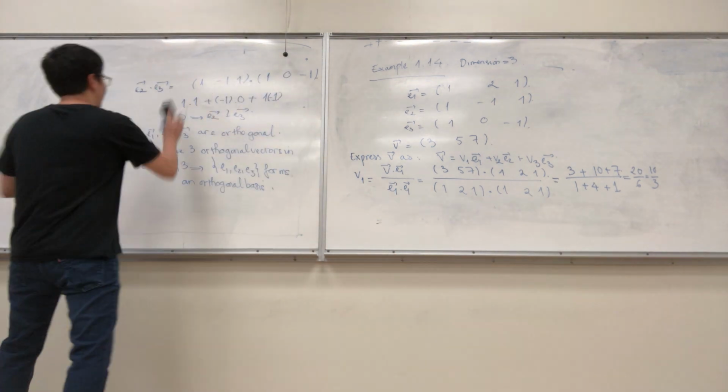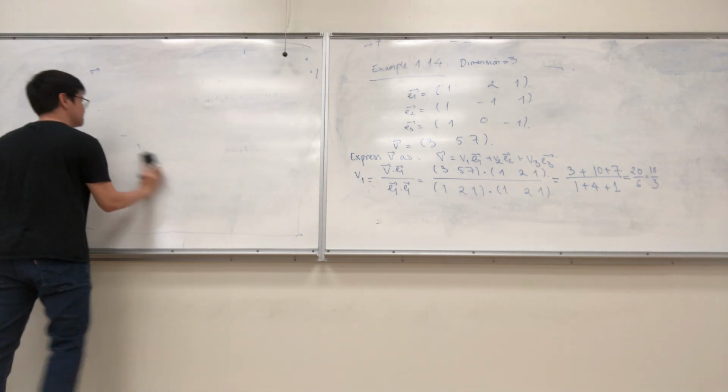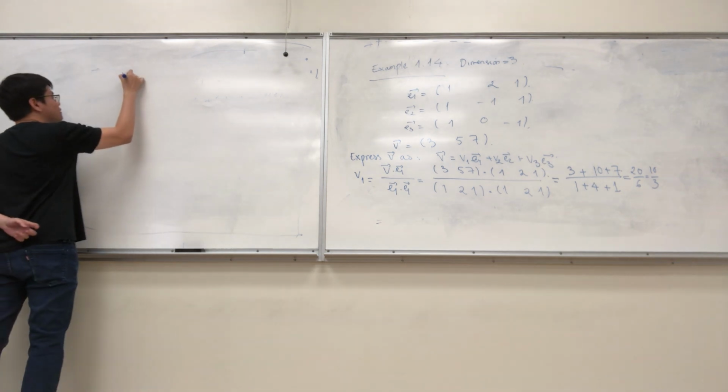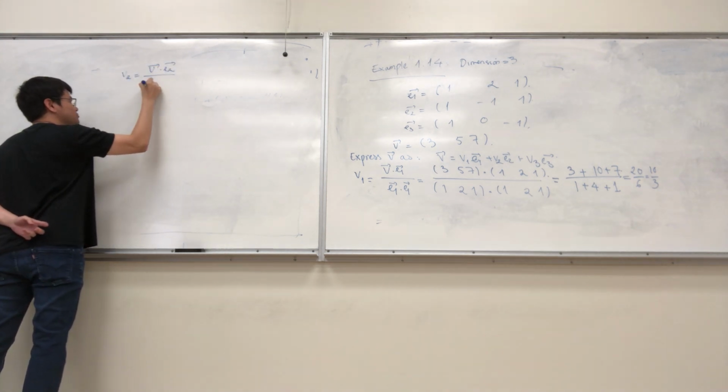Now, let us compute V2. So V2 will be V times E2 divided by E2 times E2.